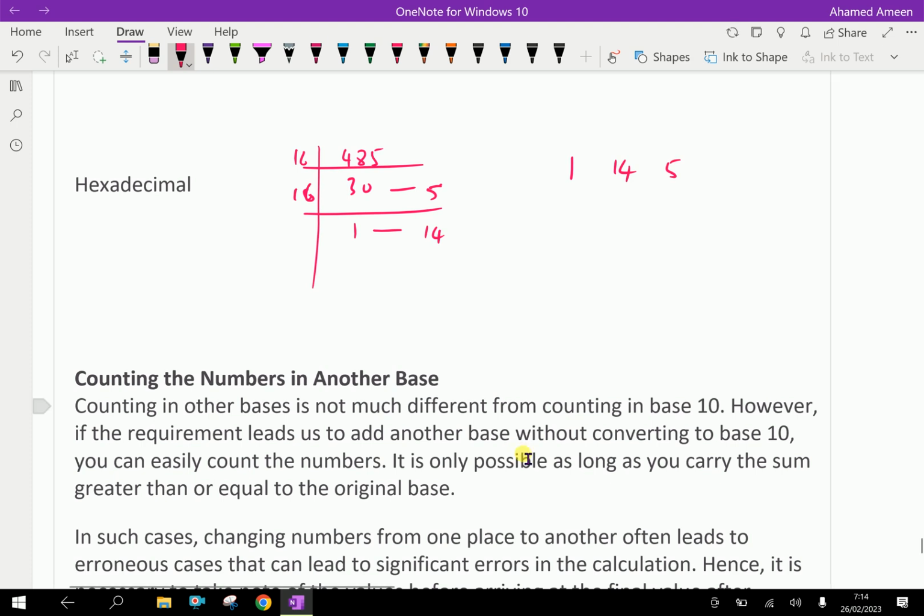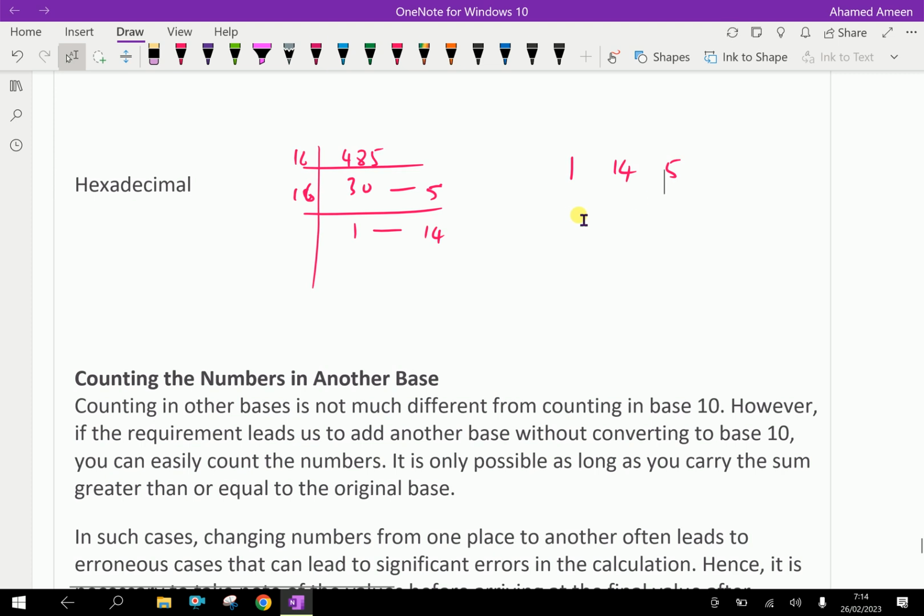Here this 14 is a double digit. We have to convert this to a hexadecimal digit. Up to 9 are normal decimal numbers.